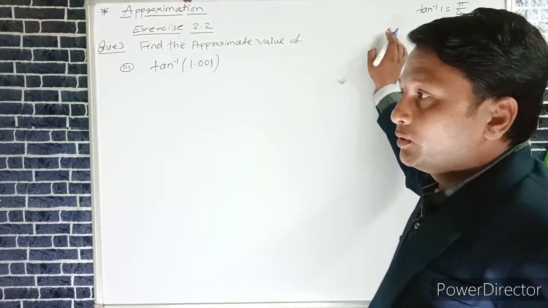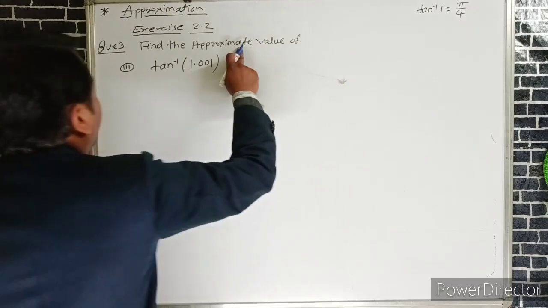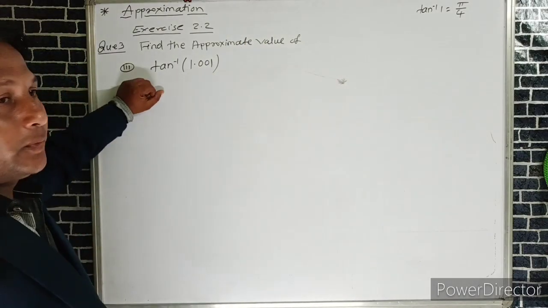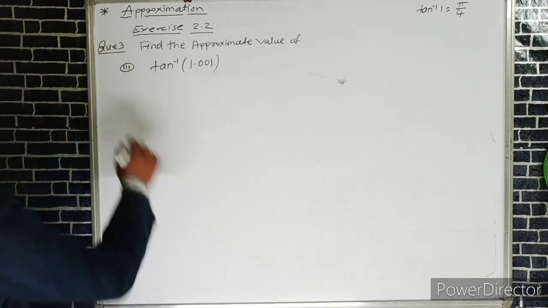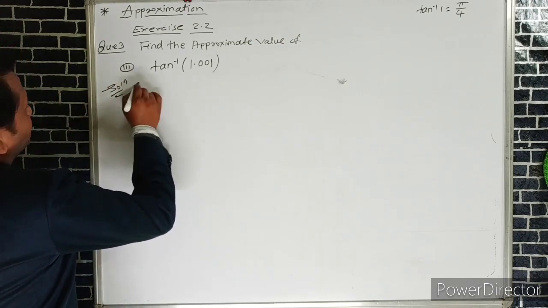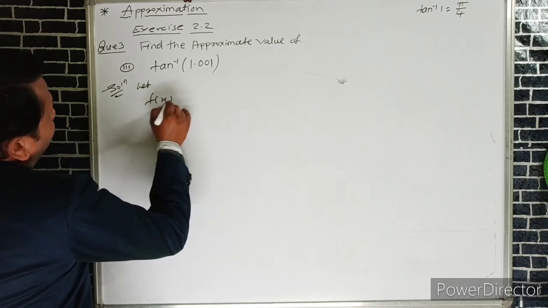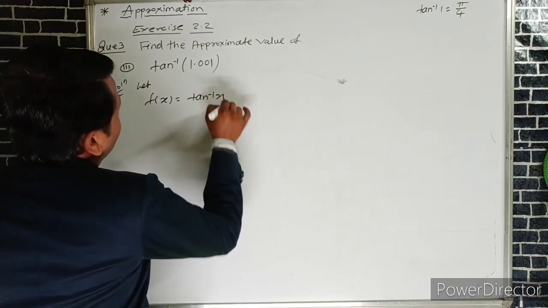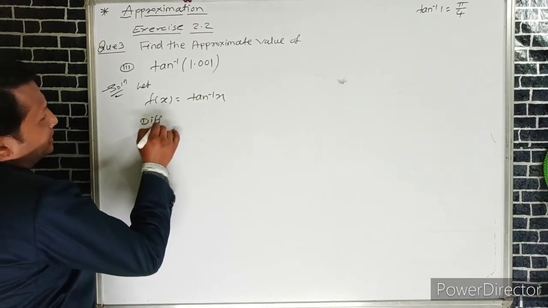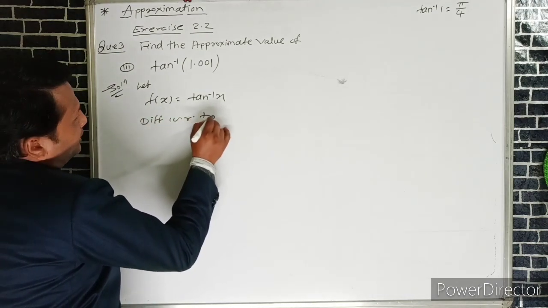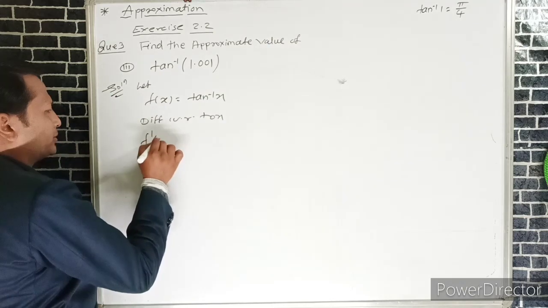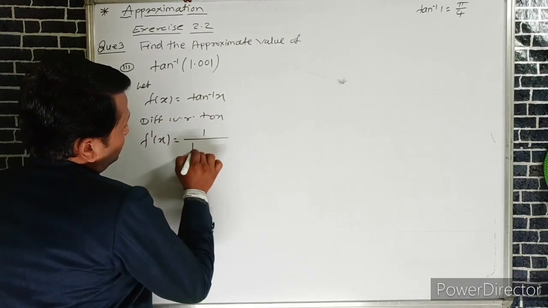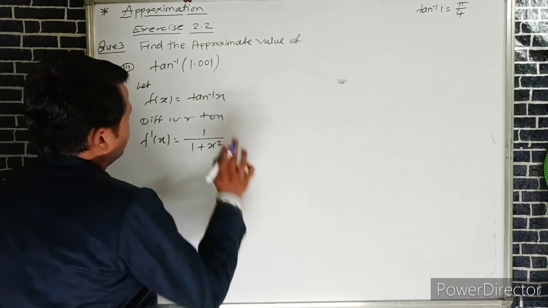Hence, we have to find the approximate value of tan inverse of 1.001 by using the rules of approximation. First, we consider the given function f of x is equal to tan inverse x. After differentiating with respect to x, we get the derivative f dash of x, which is 1 upon 1 plus x square.